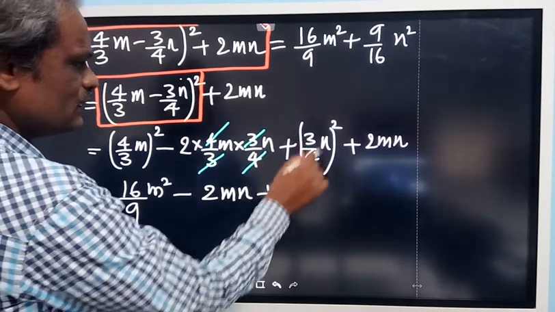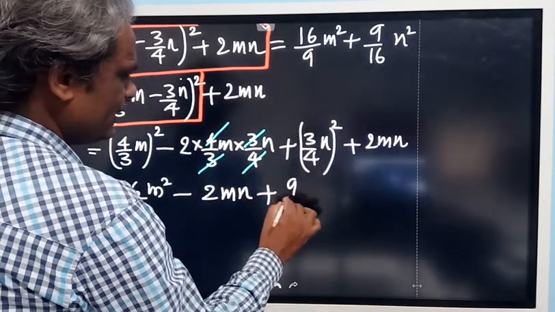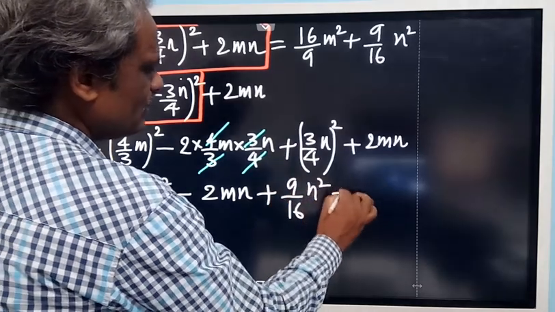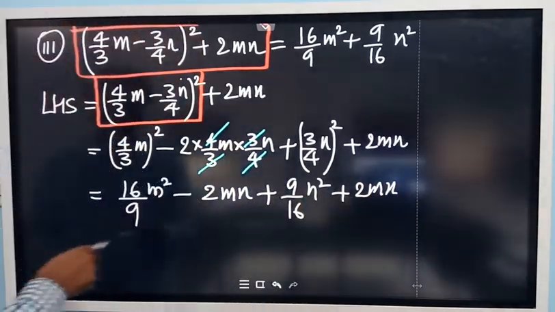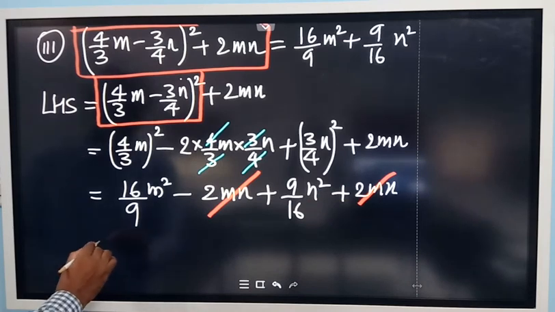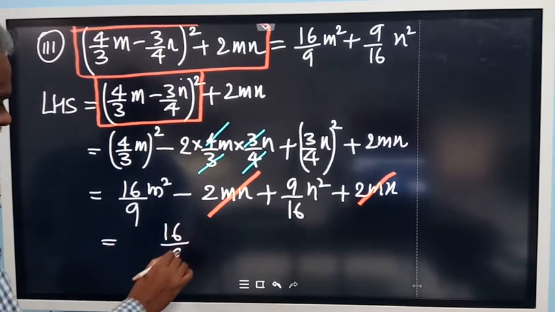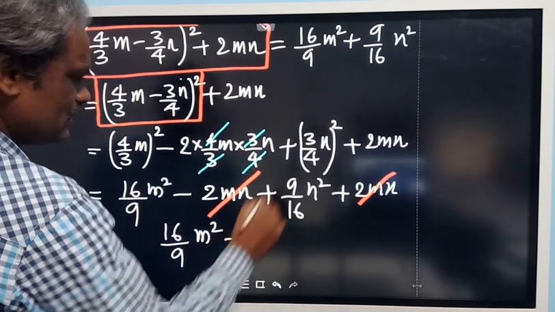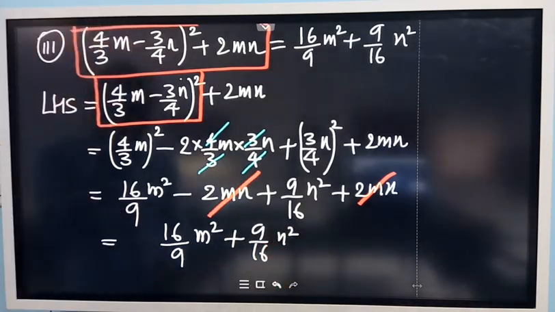So here 3 by 4n whole square means 3 square 9, 4 square 16, n square, plus 2mn now. Last term. Look at this expression, you can cancel minus 2mn and plus 2mn. So what is left with the answer here now? 16 by 9m square, then plus 9 by 16n square. This is the only thing we have left here.